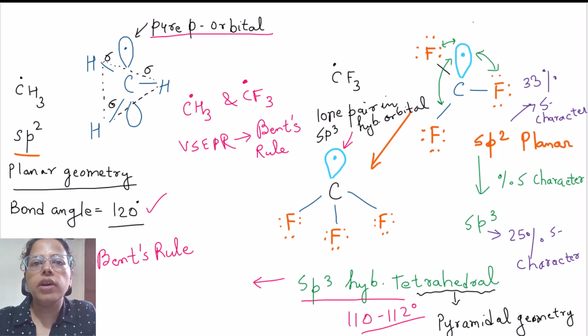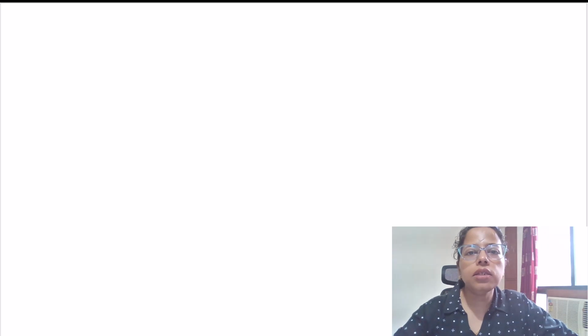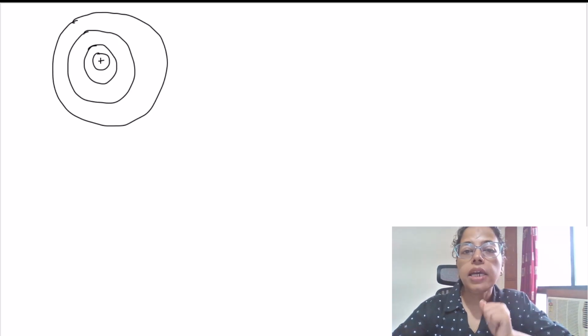And also, for a quick recap, why should there be a reduction in the s character? Because of the presence of a highly electronegative element. Now the answer lies in the very basic fact about hybrid orbitals of higher s character and lower s character.